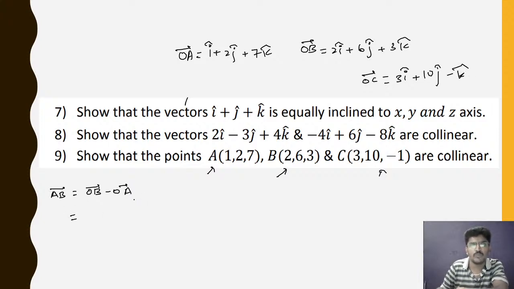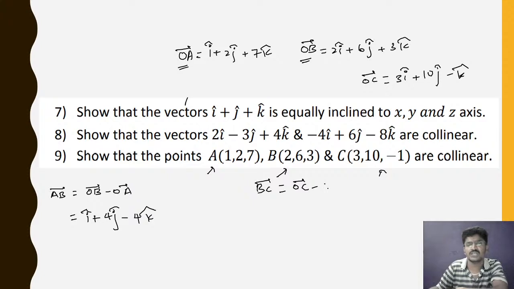Now AB, that is OB minus OA. 2i cap minus I cap will be I cap, 6j cap minus 2j cap will be 4j cap, 3k cap minus 7k cap is minus 4k cap. Next, BC vector, that is OC vector minus OB vector: 3 minus 2 is I cap, 10 minus 6 is 4j cap, minus k cap minus 3k cap is minus 4k cap.